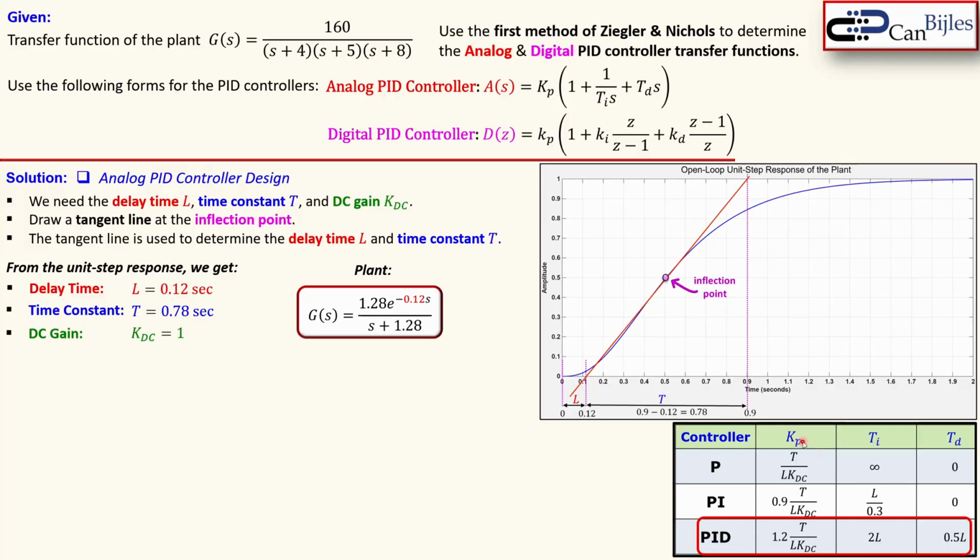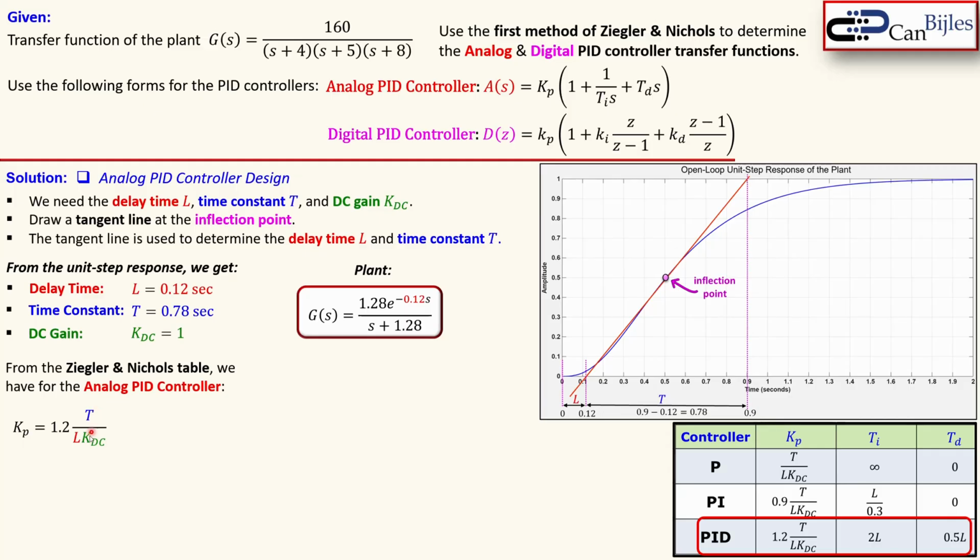So we see the Kp determined by this expression, Ti by this expression, and Td by this expression. So that's actually what we need to do. We will look at the expressions here and look also at what we have found from our unit step response and then determine the parameters. Now the Kp is 1.2, that's shown here, and then T over L KDC.